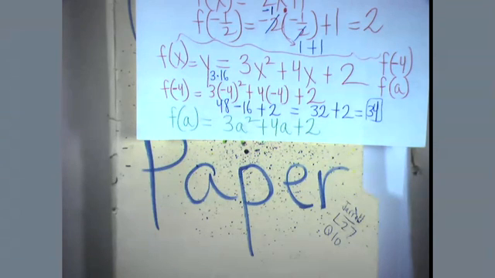Any questions about finding values of functions? So it's not simplified, the answer is not simplified. Right, we can't factor this particular last answer, so we just leave it like that.